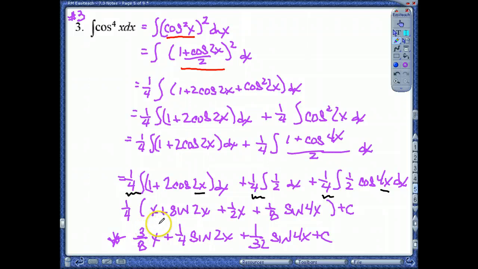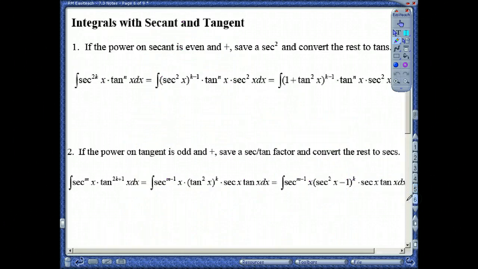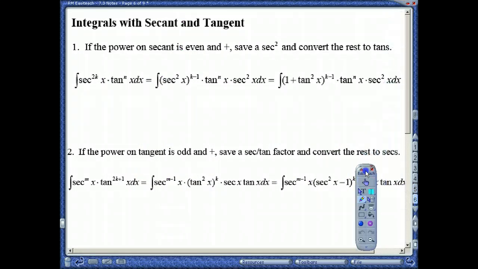So whenever you don't have a sine or a cosine there to help us out with the du, the process gets very fun algebraically. Okay, now the process for doing secant and tangent together is very similar.